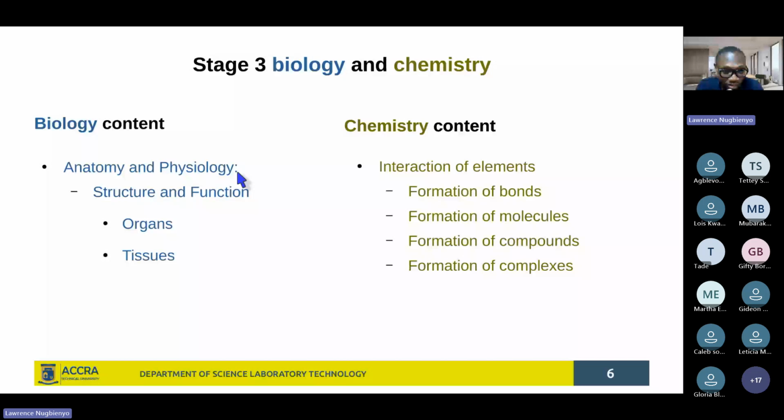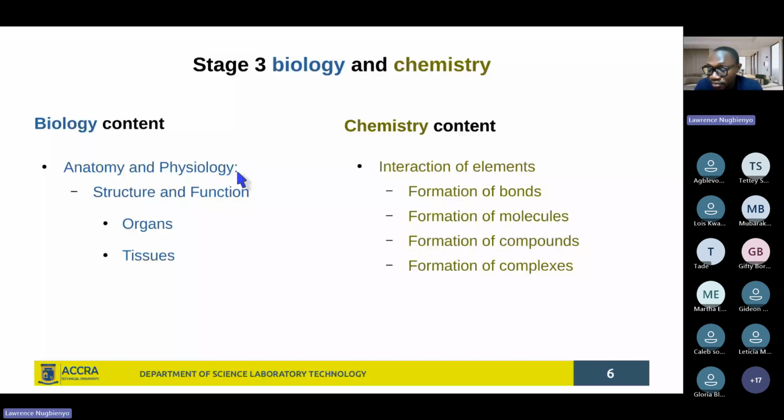Chemistry now is talking about interaction of the elements. Remember, you were talking about the atomic structure. Now you start to talk about interaction between the atoms. So it can be atoms of the same element, which means there will now be formation of bonds.